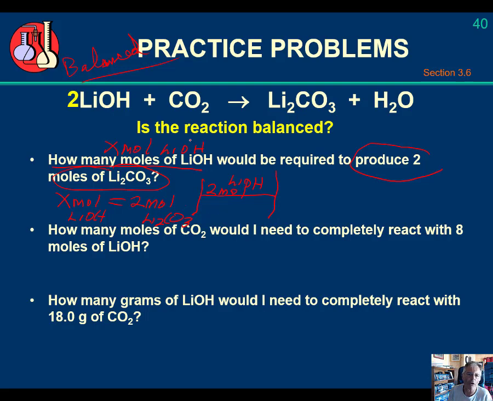The other stuff, the coefficient of the lithium carbonate, is understood to be 1, so it'll be 1 mole of lithium carbonate. And then I do the math. The lithium carbonate's going to cancel. 2 times 2 divided by 1 gives me 4 moles of lithium hydroxide. Okay? That will be required to produce lithium carbonate.